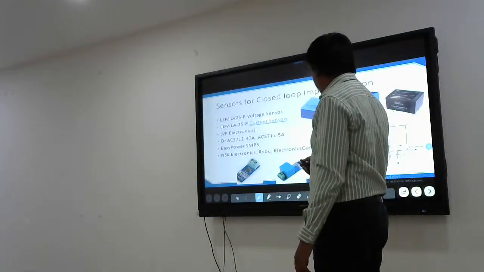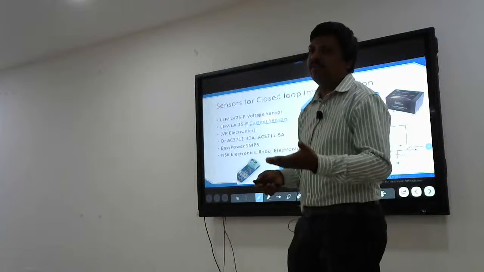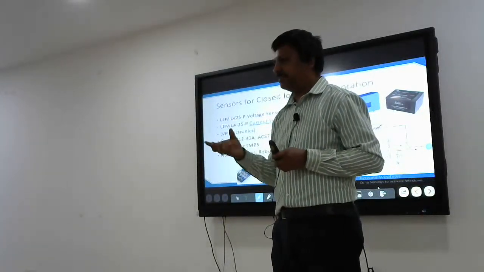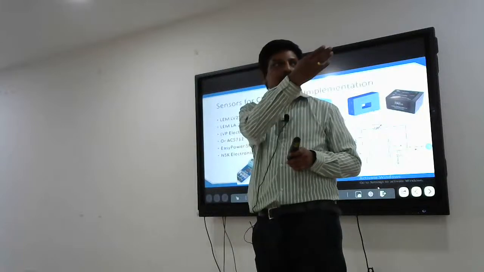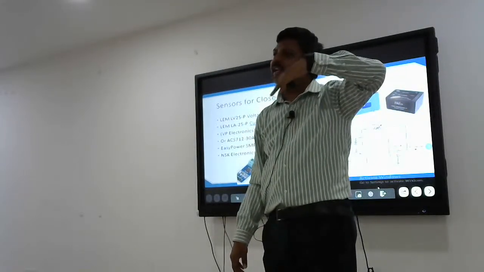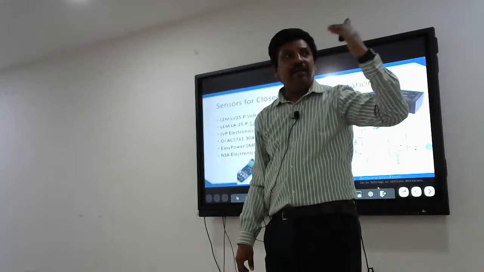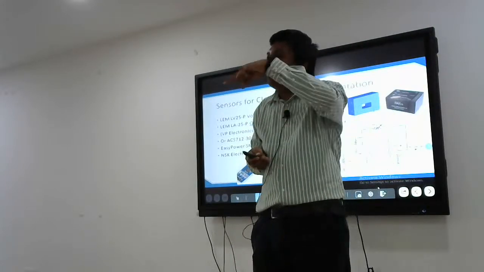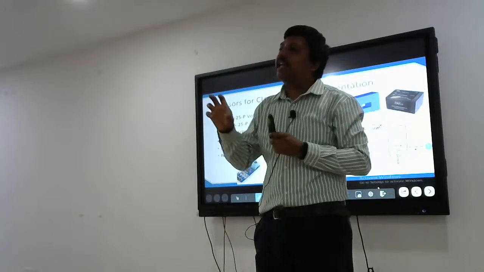So these are some people who do similar activity. And sometimes, if somebody wants to do closed loop operation, it always demands sensors. For example, an AC is operating at 24 degrees centigrade. We intend to operate it at 24 degrees centigrade. Then obviously the microcontroller should understand that the environment is at 24 degrees, so there should be a sensor.